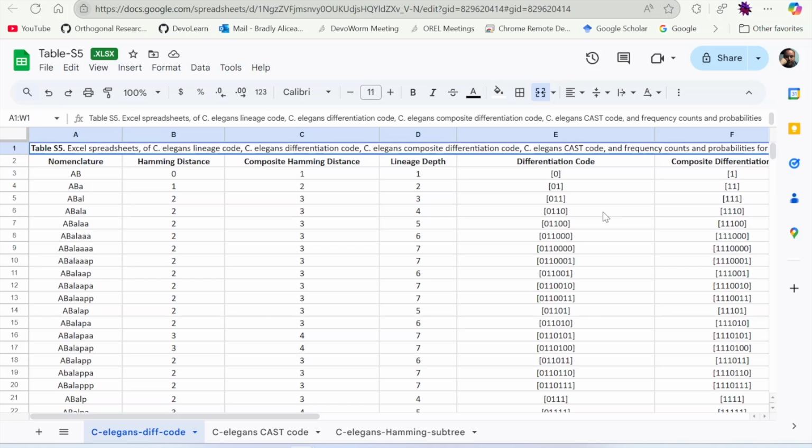So the cast method is where you take these two differentiation codes or two lineage tree codes and you align them, and they might be of different lengths, so you have to account for the gaps, and then you can use an algorithm to calculate the distance between them. And so this is another thing we can do with lineage tree data. Once every cell is addressable, then we can do a lot of this other stuff as well.